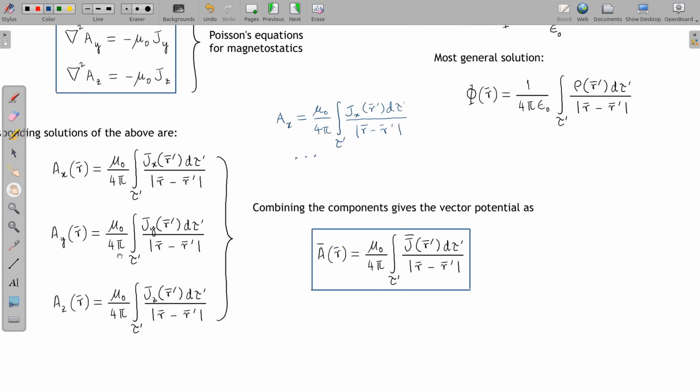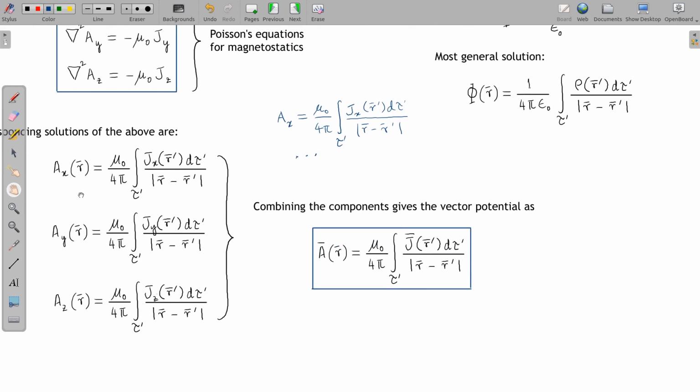Because they are the components of the vector potential, we can just combine them: this times x cap plus this times y cap plus this times z cap gives us the vector A. On the other side, I can take mu naught by 4 pi common, then have a common integral, with x cap times jx plus y cap times jy plus z cap times jz, times d tau divided by modulus r minus r prime.